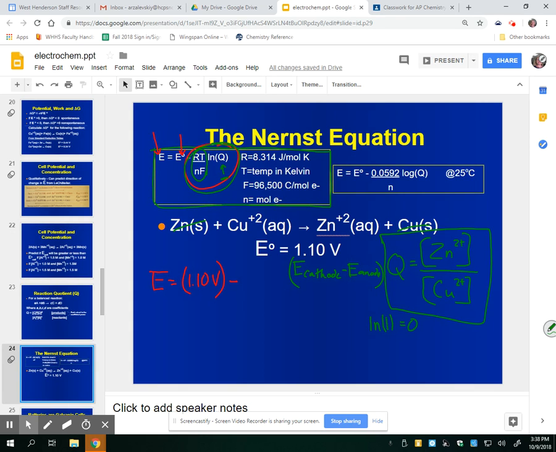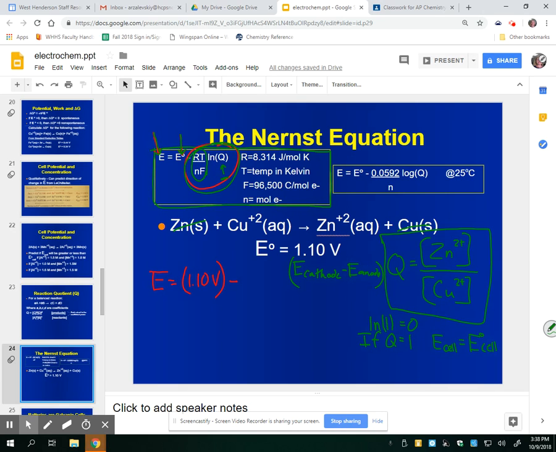So our cell potential, our E, is equal to our standard cell potential. If Q is equal to 1, your cell potential is equal to your standard cell potential, according to the Nernst equation.